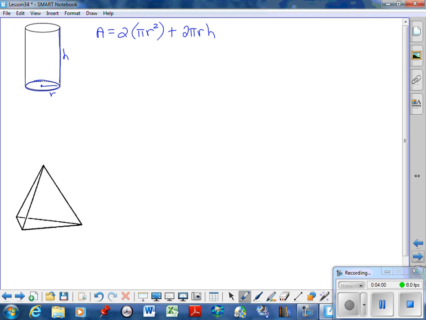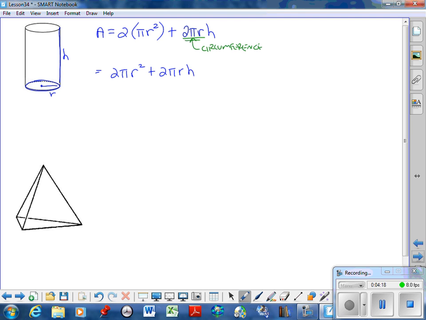Okay, and that 2 pi r is actually circumference. All right, that's our circumference. So it simplifies to make it look a little cleaner: 2 pi r squared plus 2 pi r h.